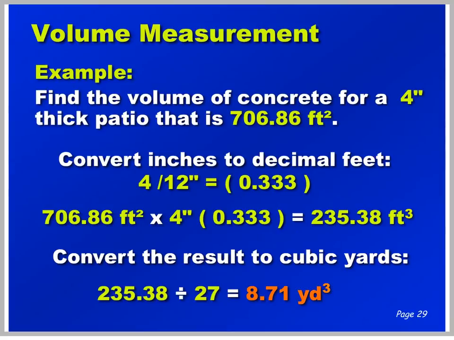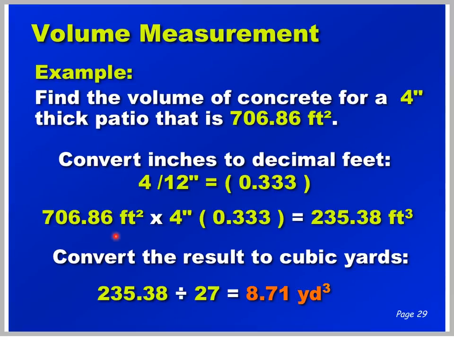The concrete is 4 inches thick, so the first thing needed is to convert the 4 inches to decimal feet. 4 divided by 12 gives you 0.333 or 0.334. Then multiply it times the square feet.